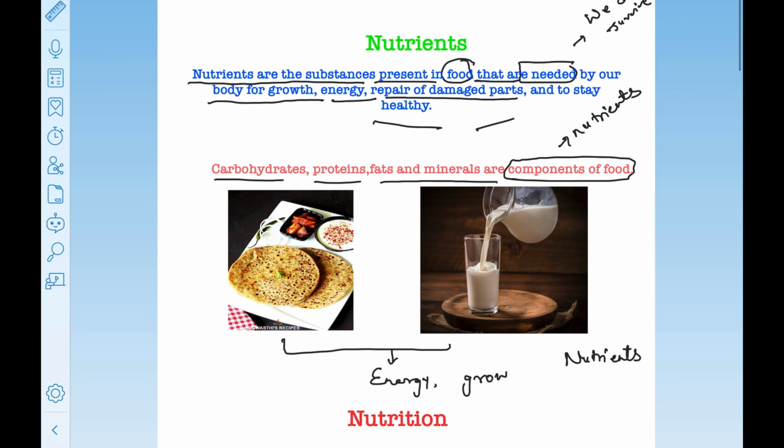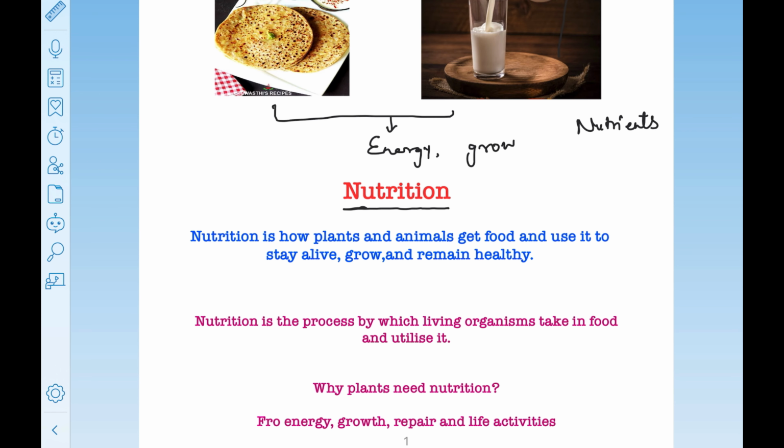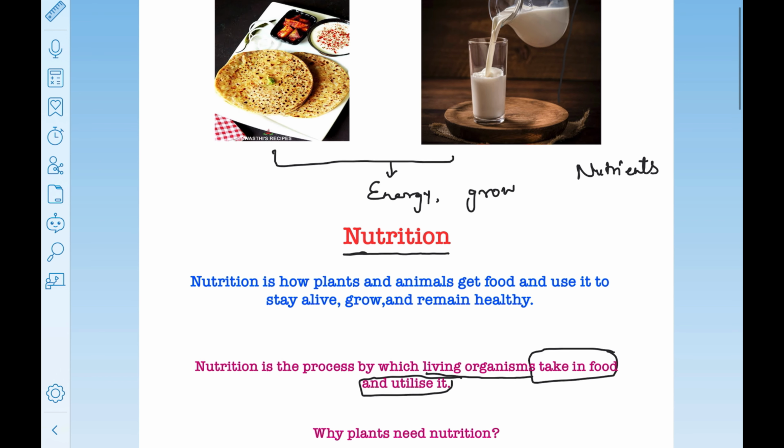Now, nutrients are used by our body through a process known as nutrition. Let's try to understand it in a simple way. Nutrition is the process by which all the living organisms take in food, right? And utilize it. I just gave you an example of milk.